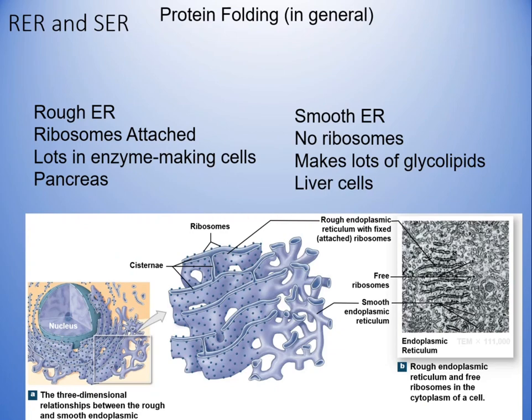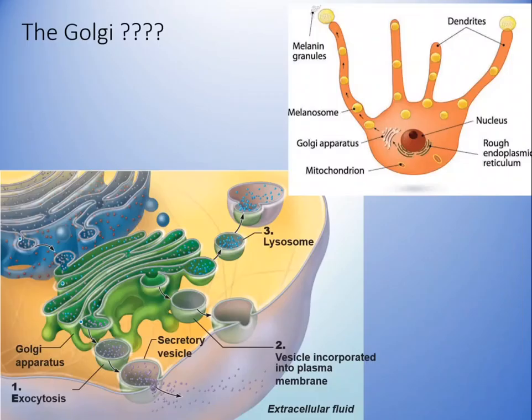Glycolipids can also be used to tie up toxins and then remove them from your body. And many of us know that your liver does detox. Yes. And the smooth ER makes glycolipids that can bind up the toxin. Therefore, your liver has tons of smooth ER.